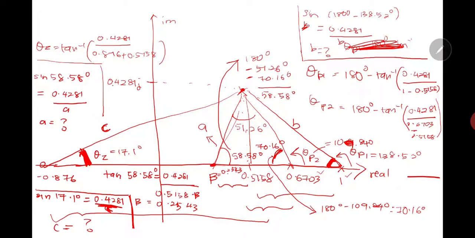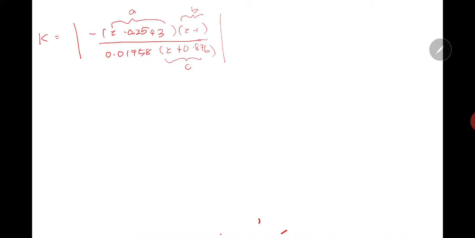So I rewrite all these equations. To get A, you can just refer back to the root locus just now: sine of 58.58 degrees equals the height over A. So you should be able to get A equals 0.5071 if you calculate correctly.